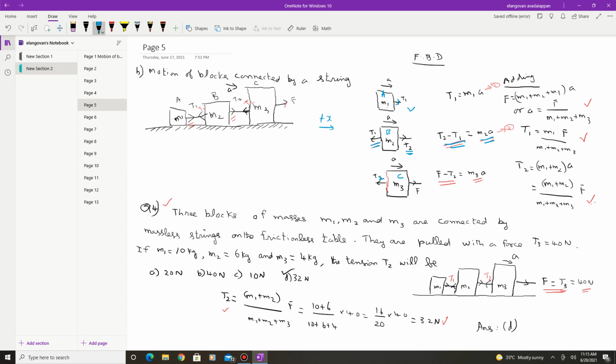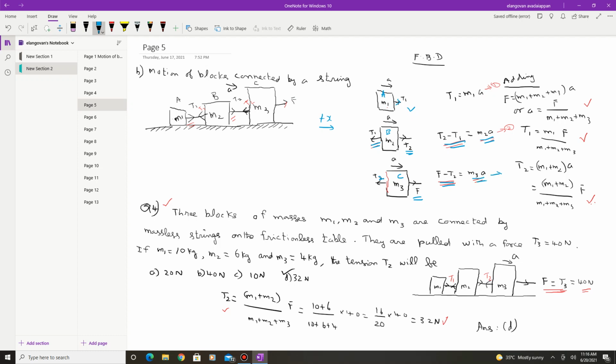Now here F is the external force acting on the block M3, which is a pulling force. Now if we use Newton's second law of motion, then F minus T2. So F must be larger than T2, then only it will move along the direction of force. So F minus T2 is equal to M3A.